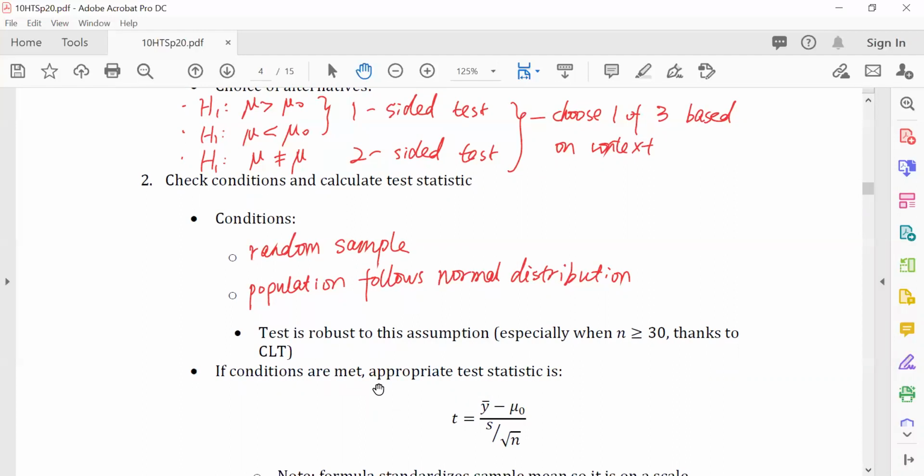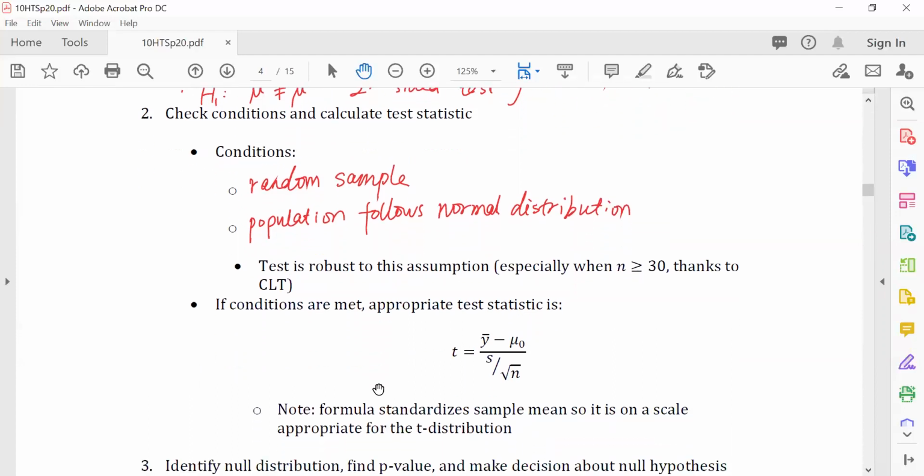That's what is meant by robust. This is especially true when your n is large enough. Remember our rule of thumb is 30, and again, how large is large enough depends on what your population distribution actually looks like, but the rule of thumb is 30.